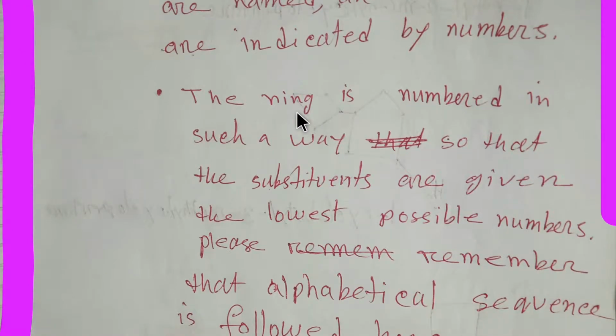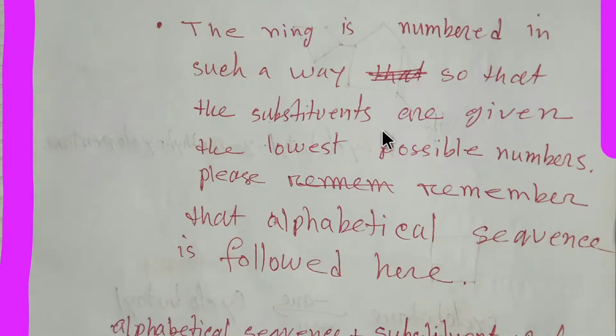And we have to consider another thing: the ring is numbered in such a way that the substituents are given the lowest possible numbers. Please remember that alphabetical sequence is followed here.